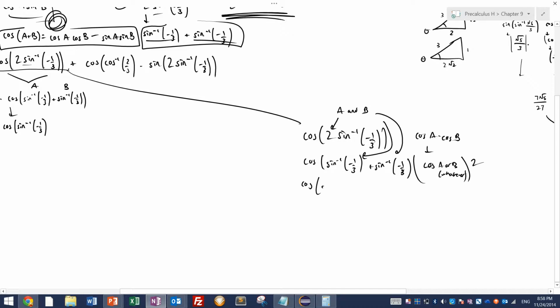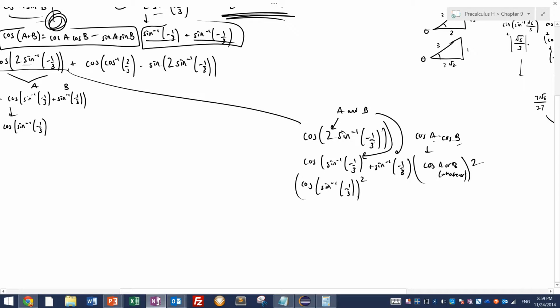So now that leaves us with cosine of negative 1/3 squared. And the reason why is because, as I explained, A and B are the same. So that's going to leave us with, if we wanted to write it out, this times that again, but we're just going to write it squared to make it easier on ourselves when we're simplifying it further.